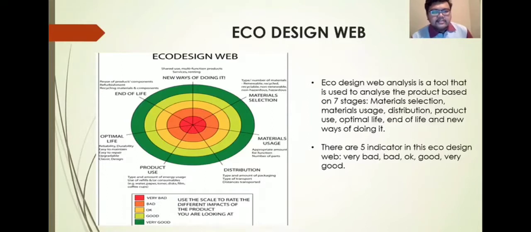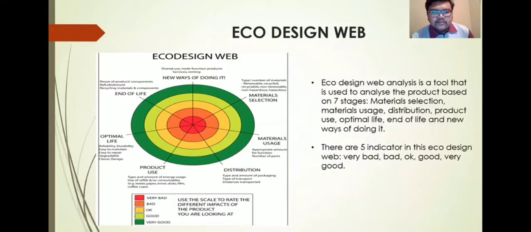And then next is the end of life. We come up with the reuse of product or components, whether the component is refurbished, recycled, or non-recycled. And then the last one is new ways of doing it, where we decide whether the product can be multifunctional or do anything else.